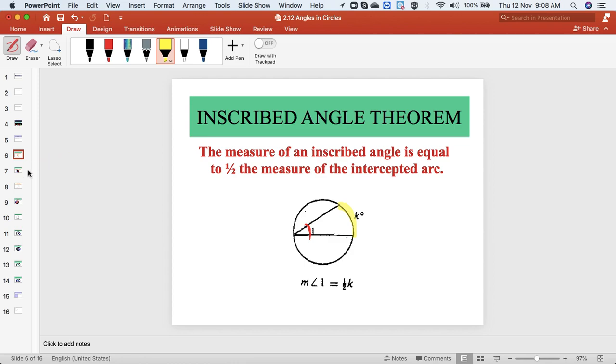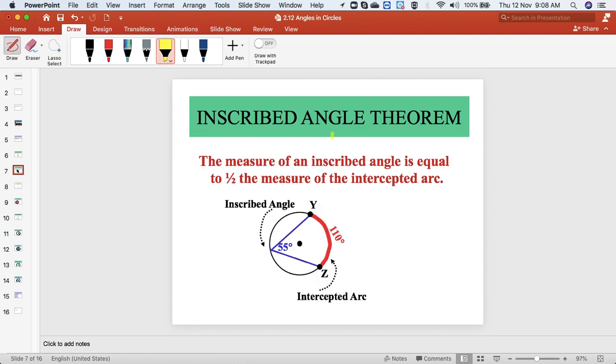Let's proceed to the next one. So this is another illustration. The inscribed angle here is the 55-degree angle. And the intercepted arc is arc YZ.